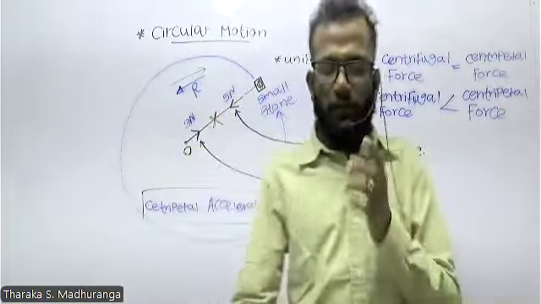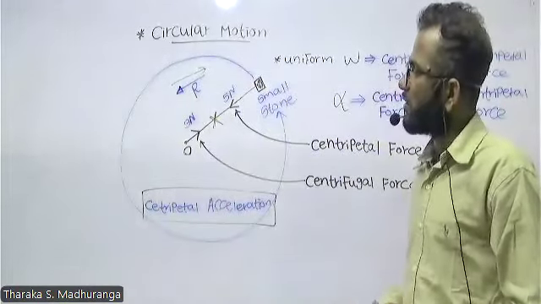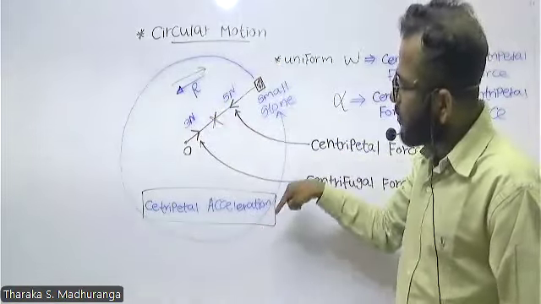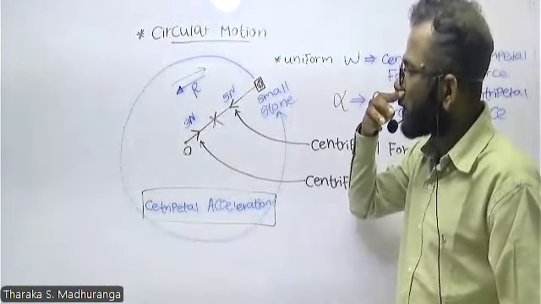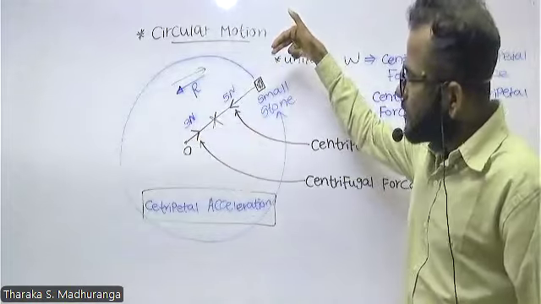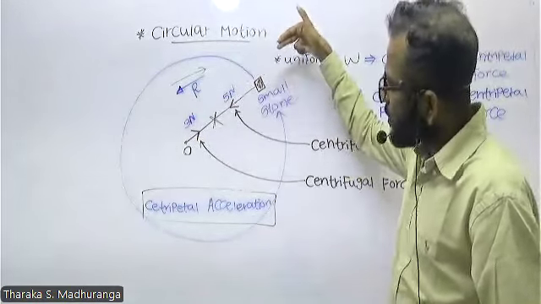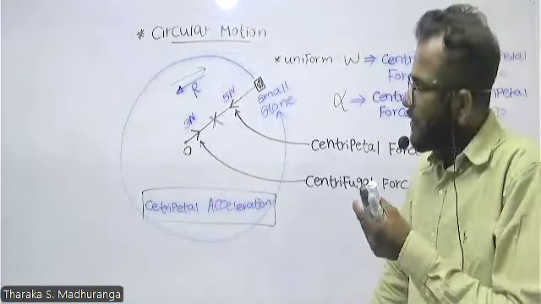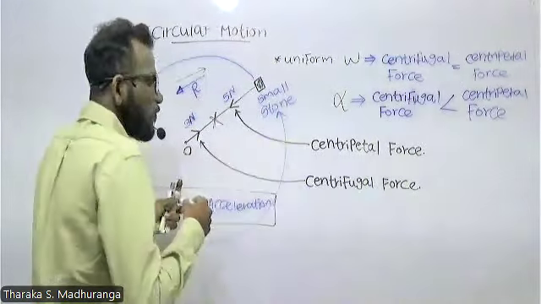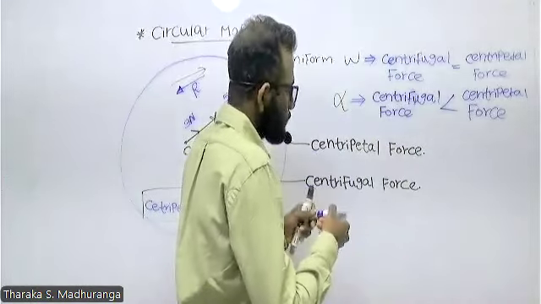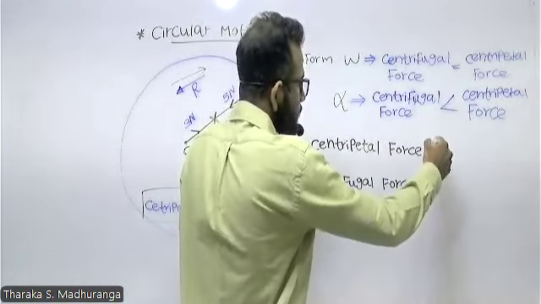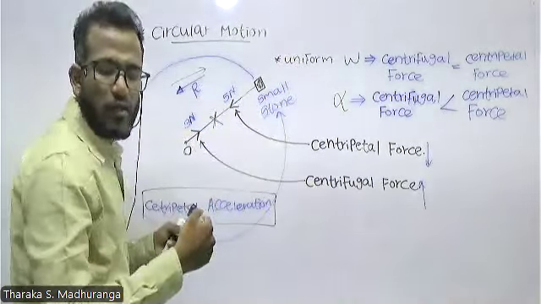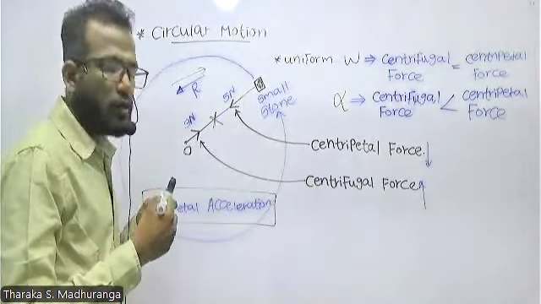If this object is going on the path, the unbalanced force acts towards the rotational axis only. If this centrifugal force is higher than centripetal force, then the unbalanced force acts in the outer direction away from the rotational axis.